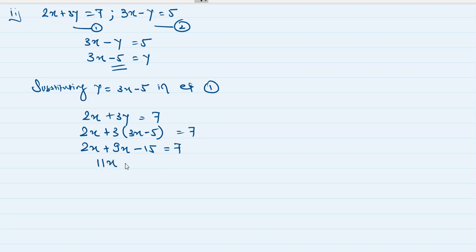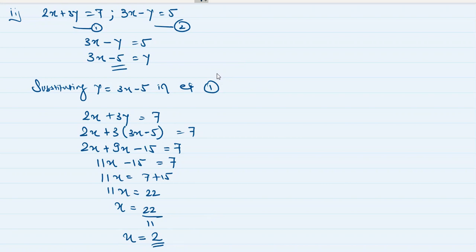So 11x minus 15 is equal to 7. So 11x is equal to 7 plus 15. So 11x is equal to 22. x is equal to 22 by 11, and x is equal to 2. Okay, so we got the value of x as 2.